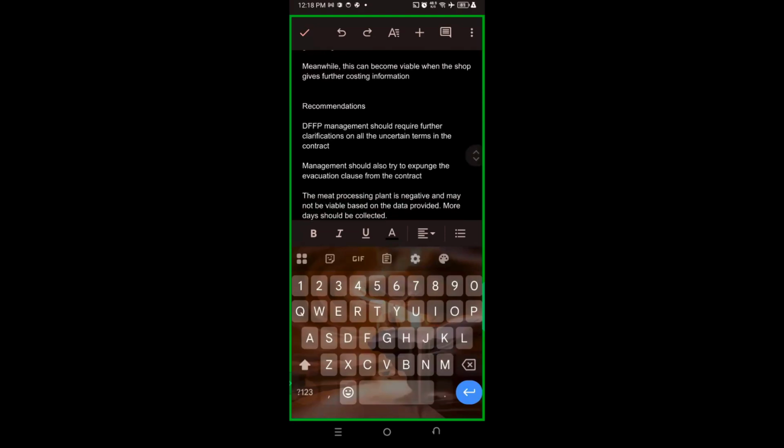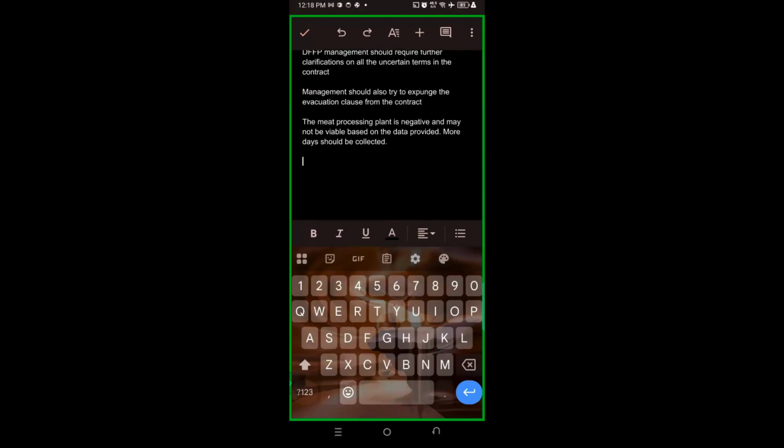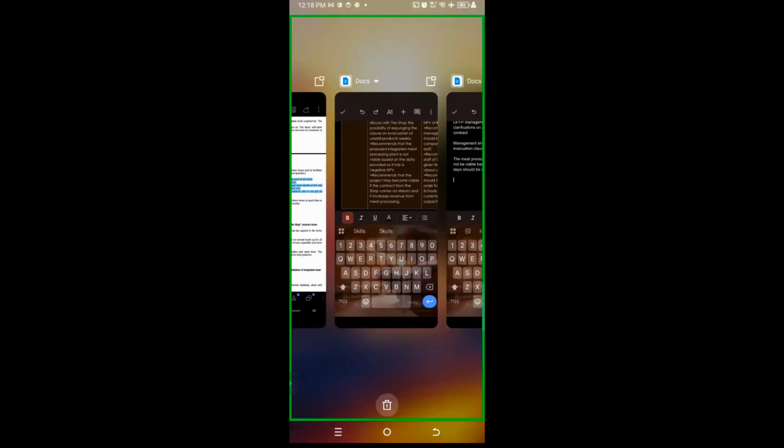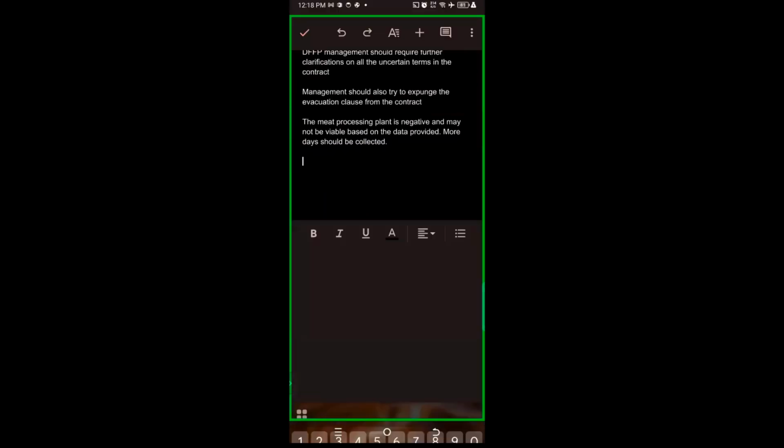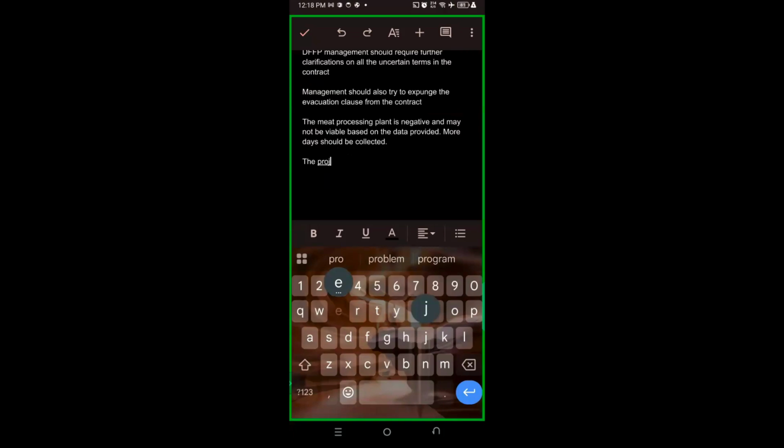Then, meanwhile, let me see the last recommendation they made. Recommend that the project may become viable if other cost information is provided by Bishop.